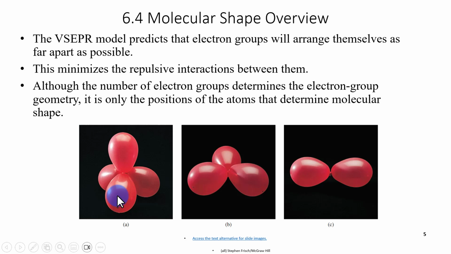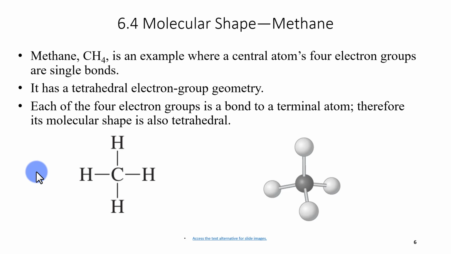And here's the tetrahedral shape. This is what it looks like, where I have atoms bonded at the edges of these balloons, and the center where they're tied together is my central atom. You can see that the terminal atoms form a pyramid, and right inside the pyramid is my central atom. So let's talk about how we determine molecular shape.